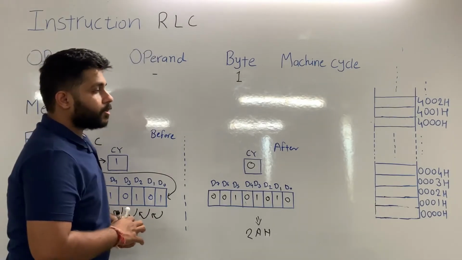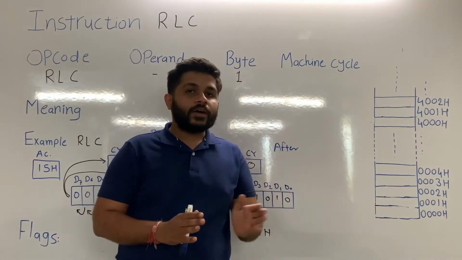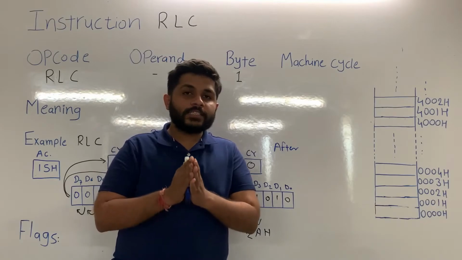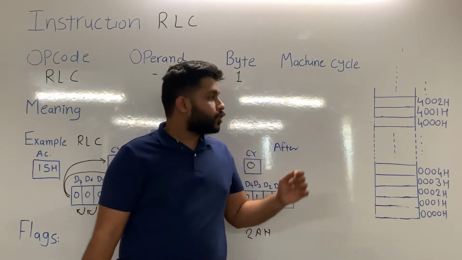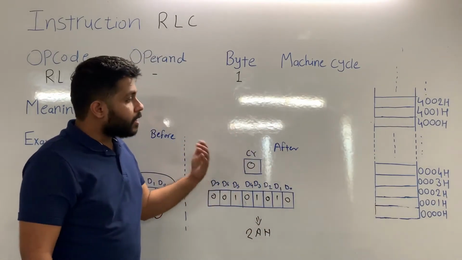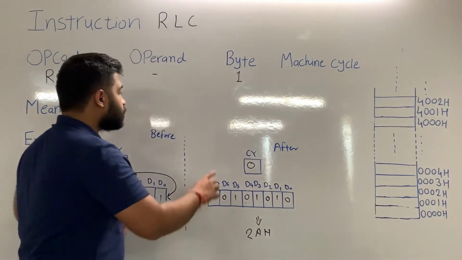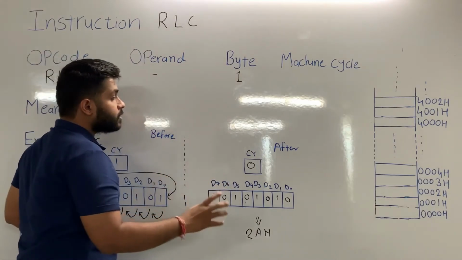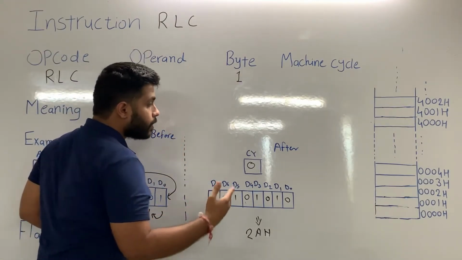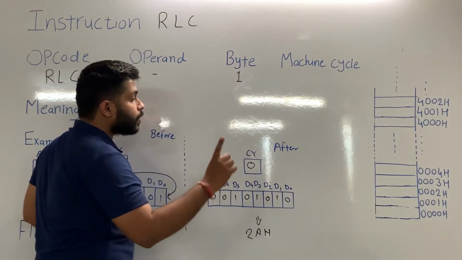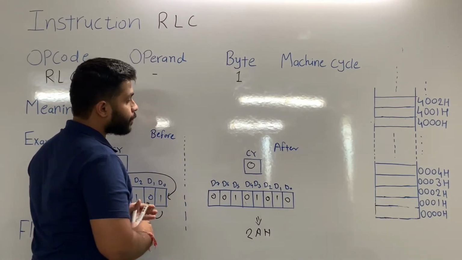Now let's see the machine cycle. To understand the machine cycle, you have to see all the process that is done by the microprocessor. When you give this instruction, the instruction will be stored in the memory. You know that this instruction is of 1 byte. It means when this instruction is stored in the memory, it will occupy only one memory location.